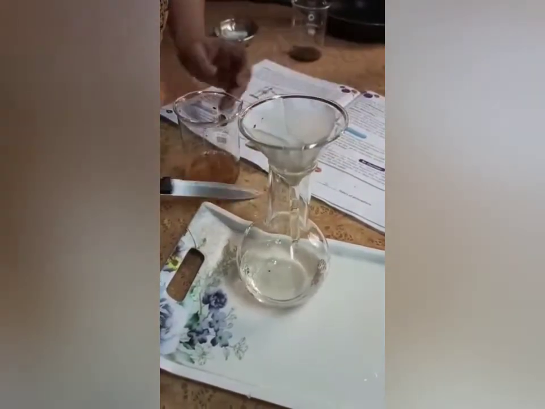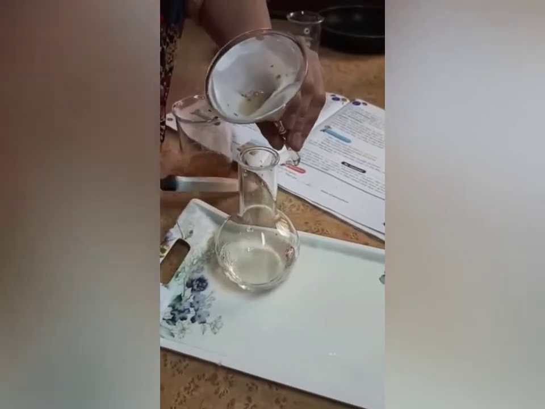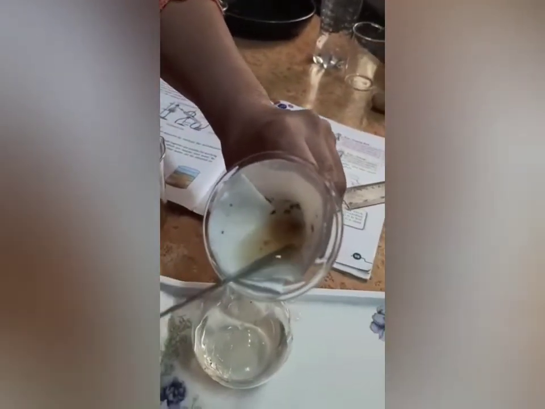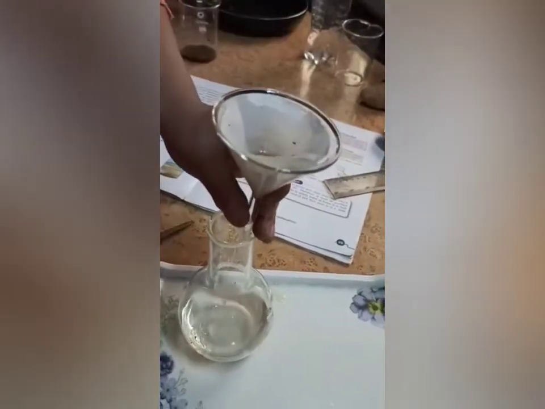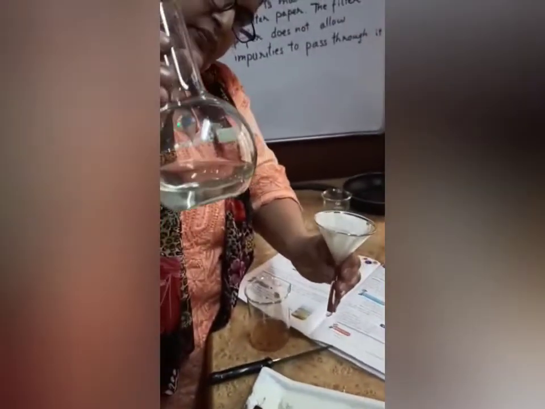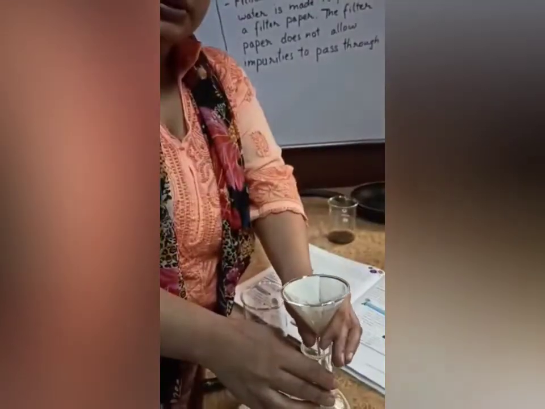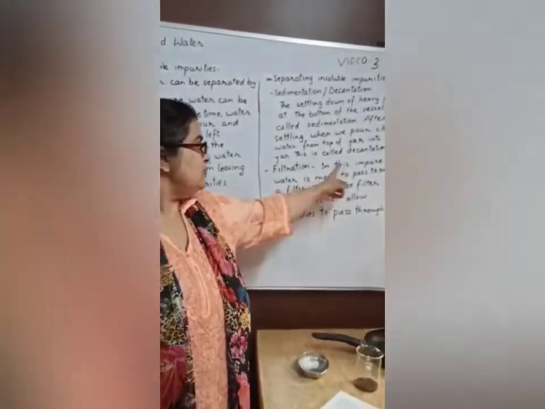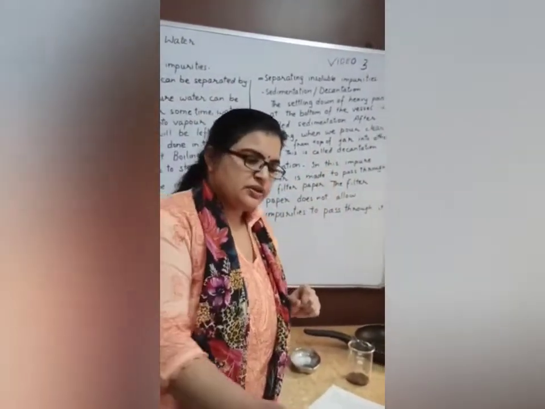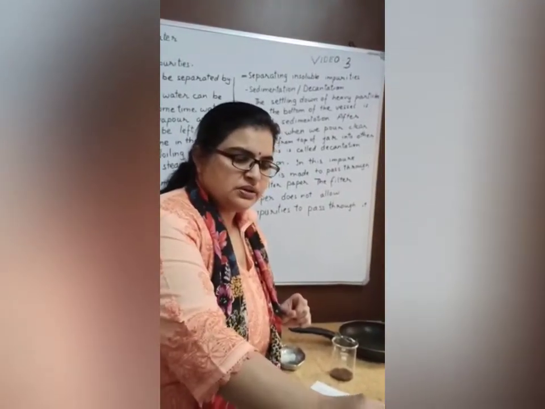But now you can see the impurities are here, and in the bottom we are getting the clear water. So this process is called filtration. In this, the impure water is made to pass through a filter paper.